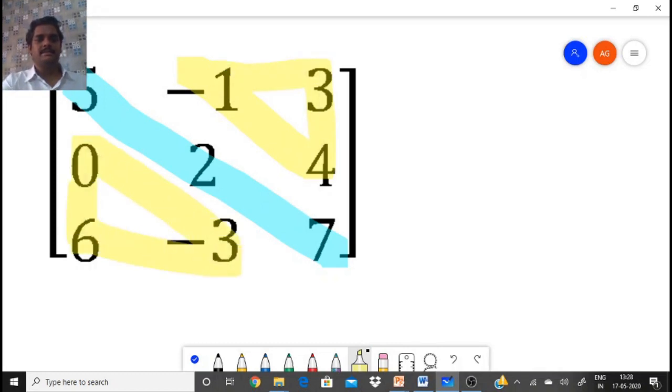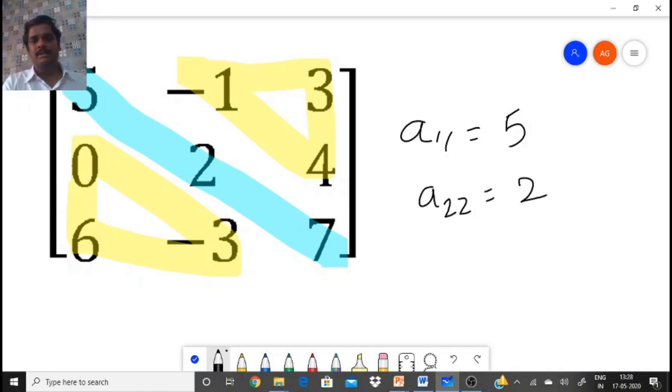So diagonal entries are A11, that is 5, A22, that is 2, and A33, that is 7. And the rest are nothing but the non-diagonal entries. I hope the idea is clear about diagonal entries and non-diagonal entries.